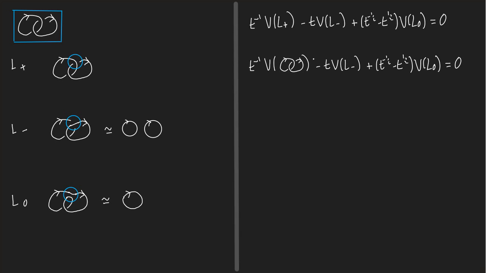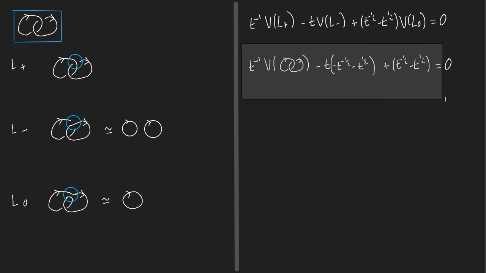What is L minus? L minus is the trivial link with two components, and we know its Jones polynomial. We worked it out in the previous video. Minus t to the minus 1/2 minus t to the 1/2. And what is L0? Well, it's the unknot. The Jones polynomial of the unknot is 1. So I can just do that.